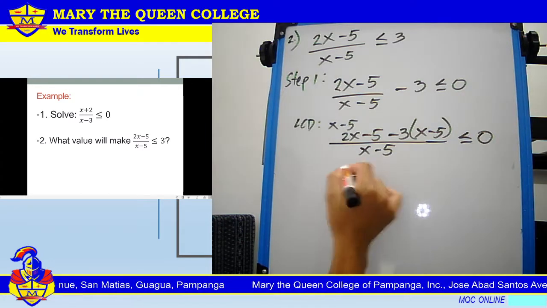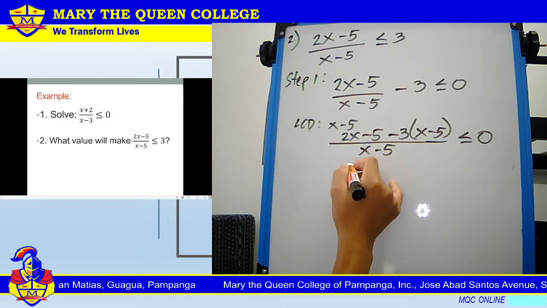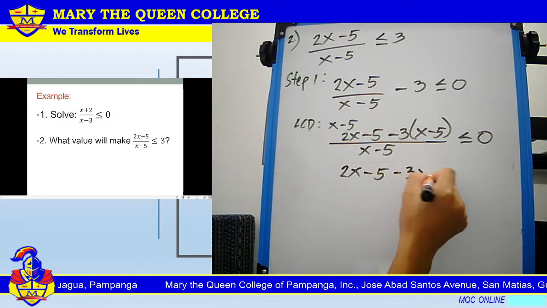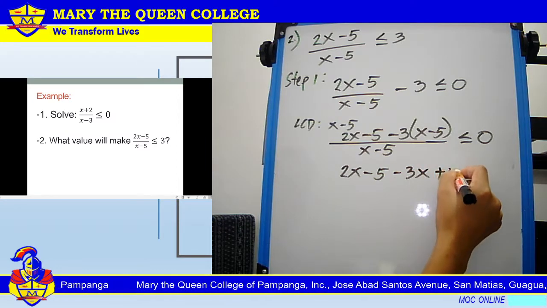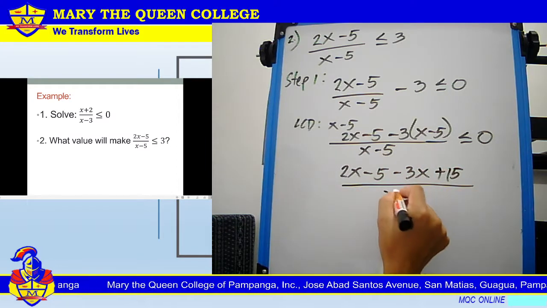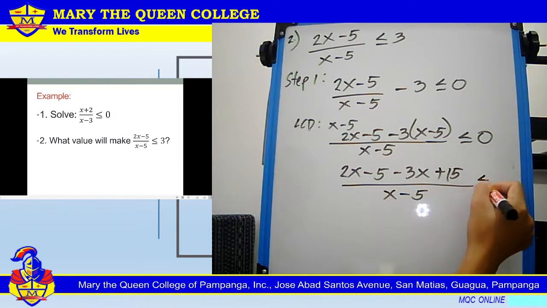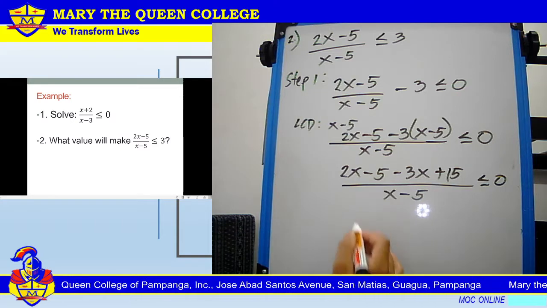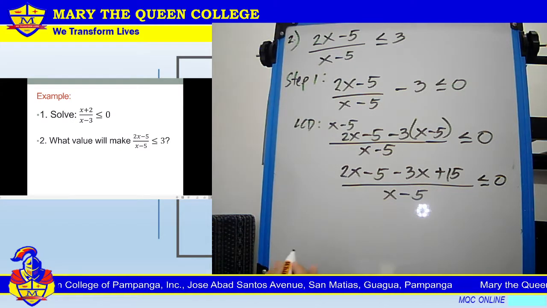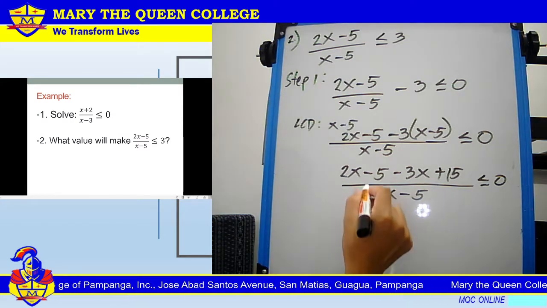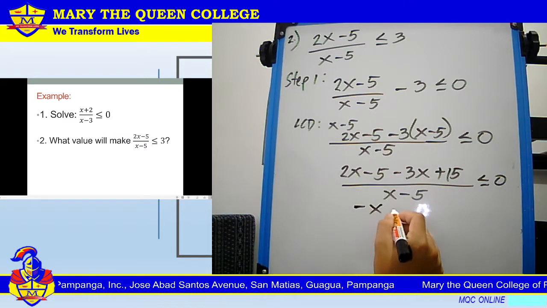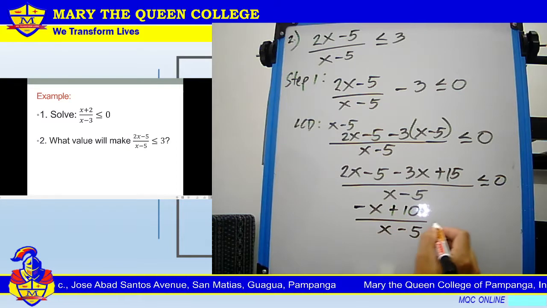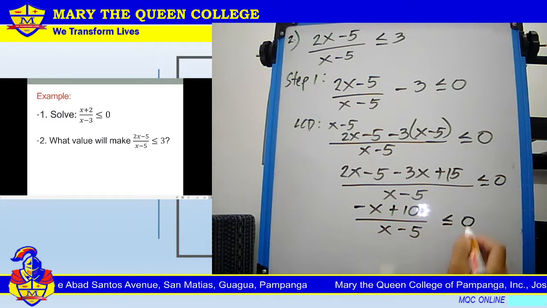And then simplify. So we have 2x minus 5 minus 3x plus 15 all over x minus 5 is less than or equal to 0. From here, 2x minus 3x would be negative x, and negative 5 plus 15 is positive 10, all over x minus 5 is less than or equal to 0.